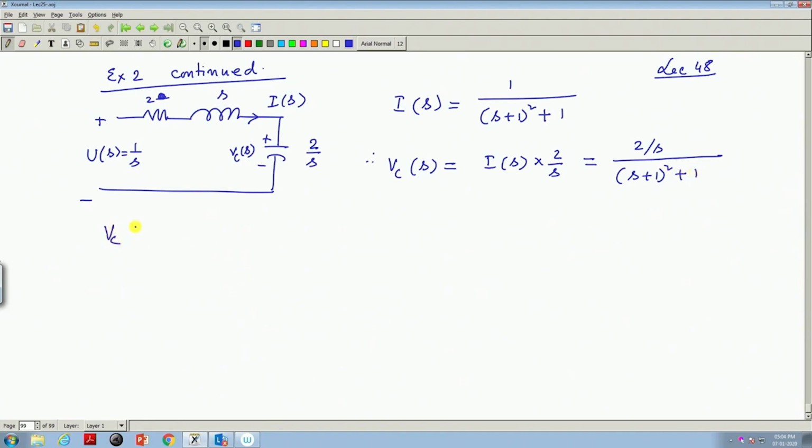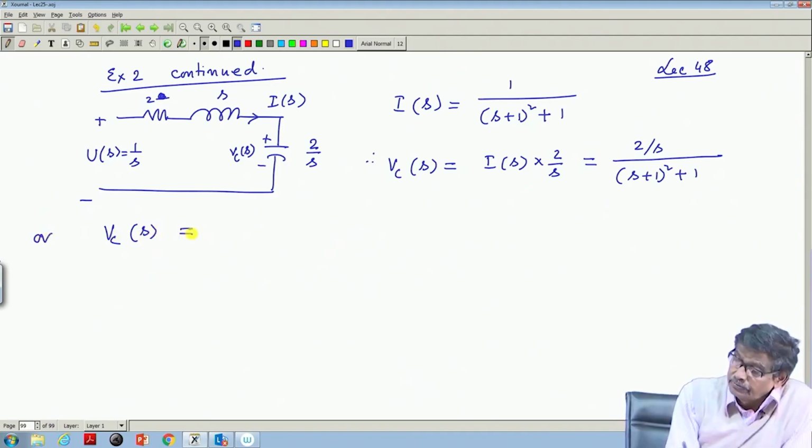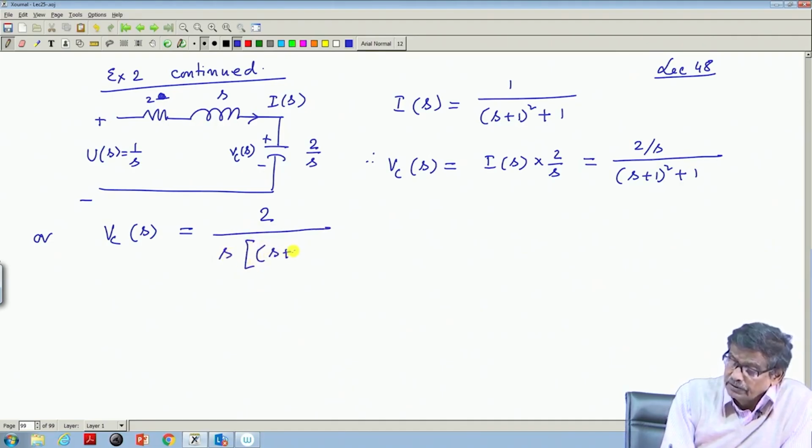So V_C(s) is equal to 2 over s into (s plus 1) whole square plus 1. This is the thing.